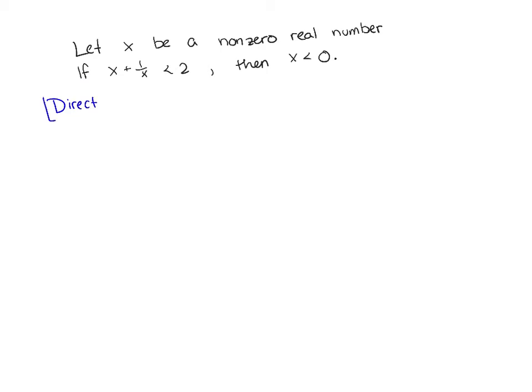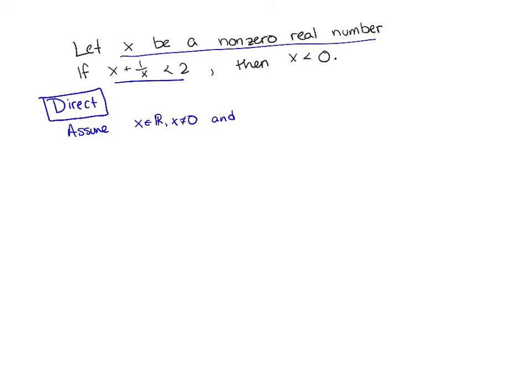If I'm going to do a direct proof for this if-then, this let part comes before my if-then, so that's sort of the overriding thing. So I'm going to assume x is both a non-zero real number and x plus 1 over x is less than 2. So let's assume x is in R, x not equal to 0, and x plus 1 over x is less than 2.